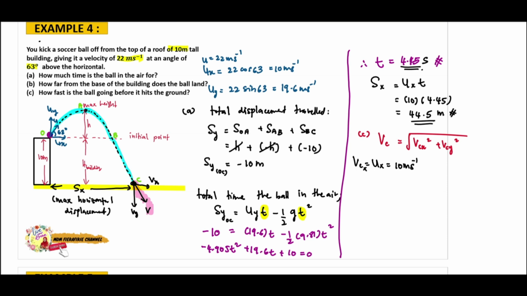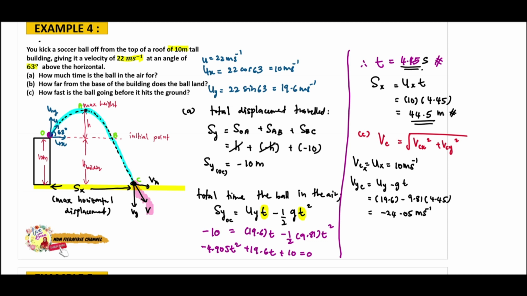Tapi untuk VYC, kita kena cari dulu. Okay, guna formula ini. Okay, VYC, UY, kita dah tahu berapa, kita kira tadi 19.6 minus 9.81. T kita dah kira dah tadi 4.45. Masa yang diambil daripada O ke C. So VY kita akan dapat negative 24.05 meter per second.